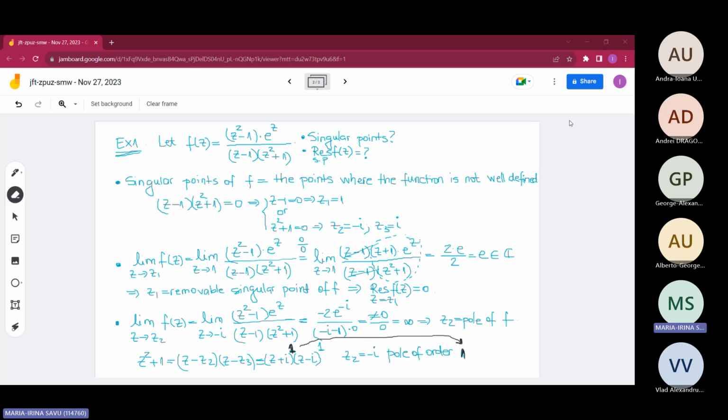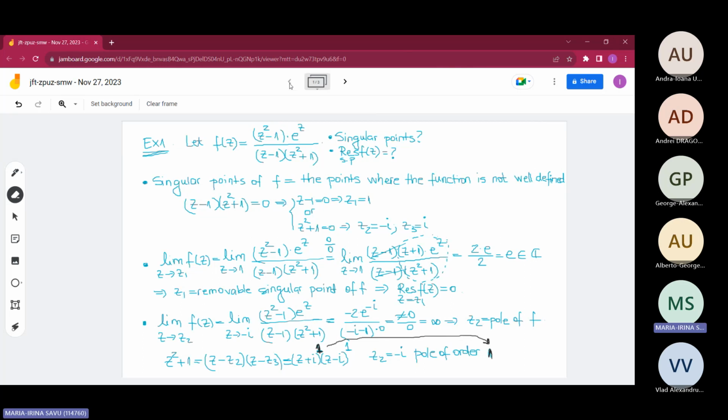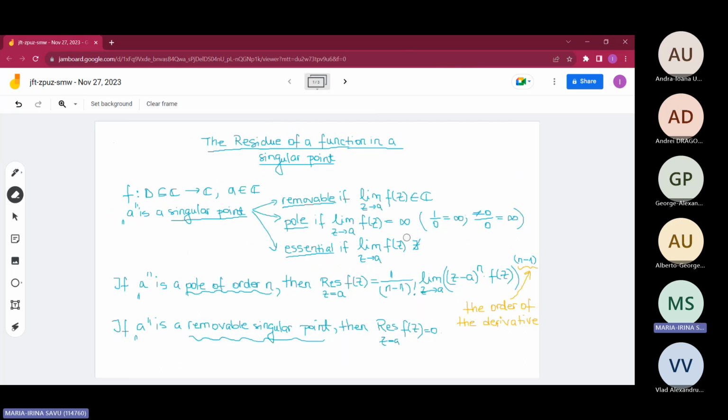And also, this is the way in which you find the residue of a function at a point. I've told you that you're going to work with poles, and this is why you have to know how to use this formula, which gives you the residue of a function at a point. You have to pay attention when you replace a and when you compute this derivative.